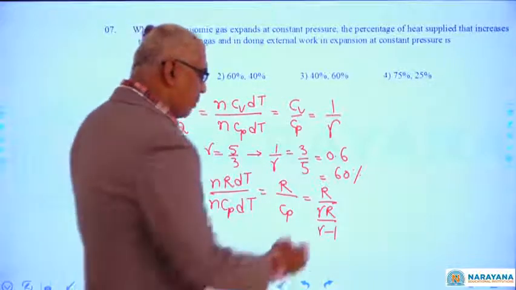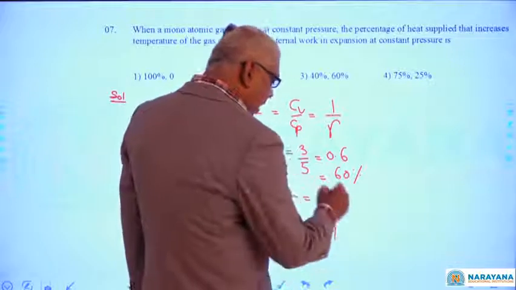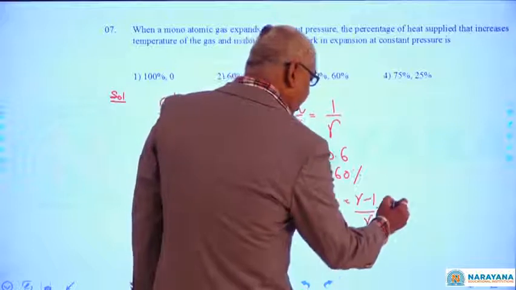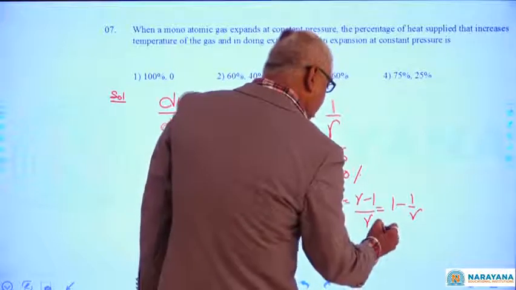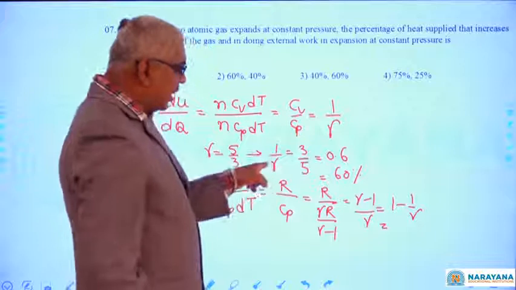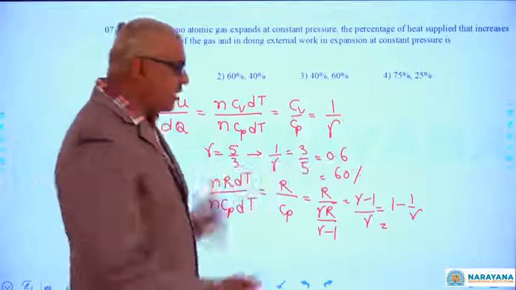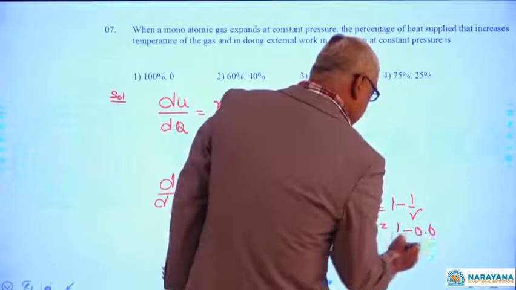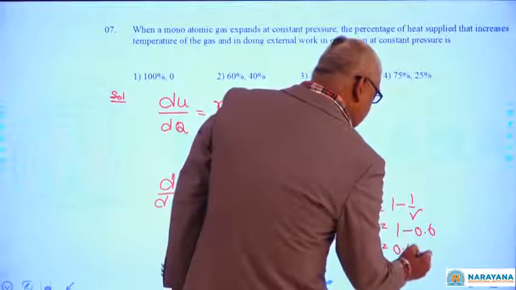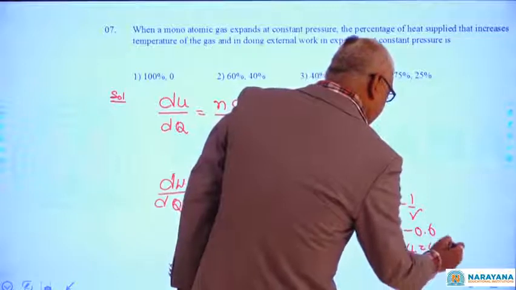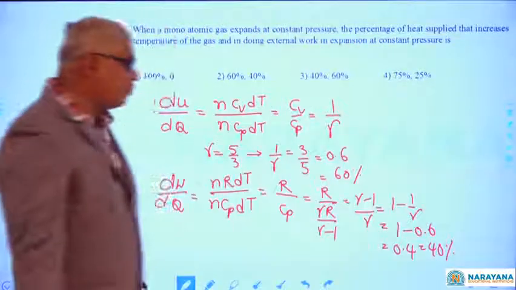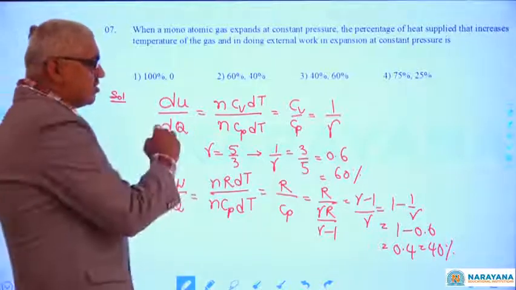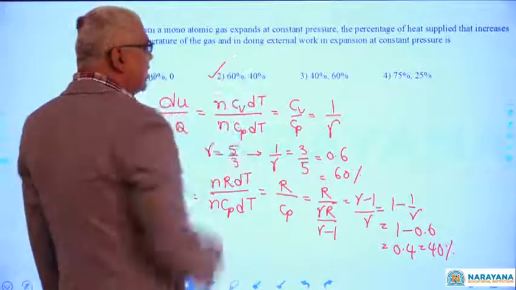The R's get cancelled. It is gamma minus 1 by gamma, or 1 minus 1 by gamma. 1 by gamma is already 0.6, so 1 minus 0.6 is 0.4, which is 40%. Got the idea? So 60% and 40%. It will be your second option.